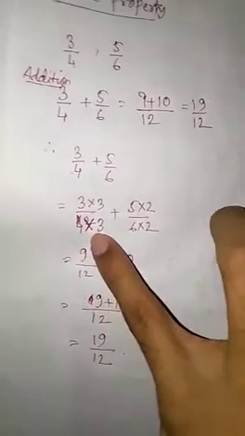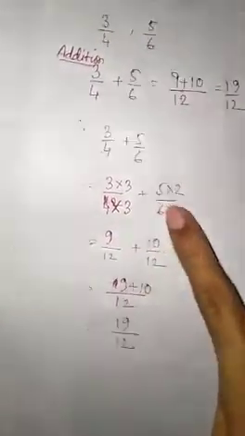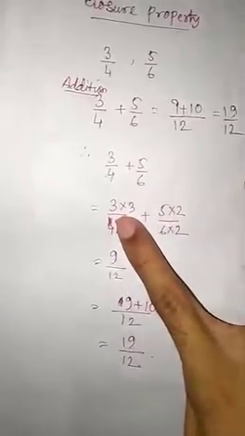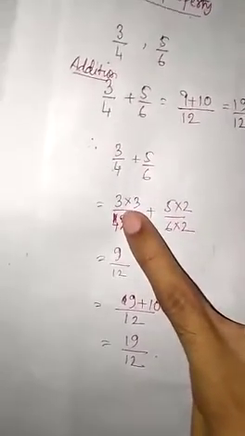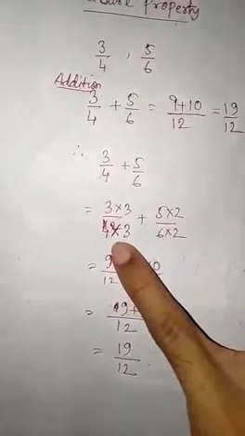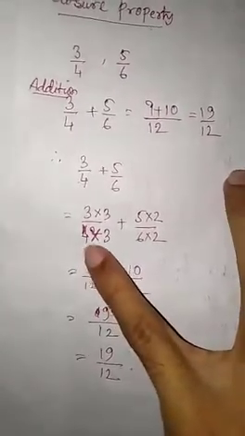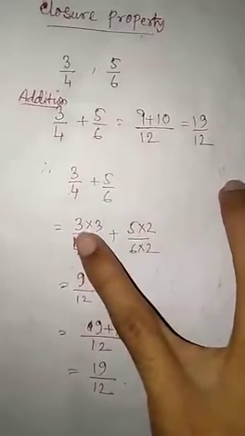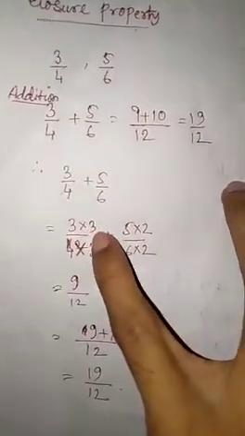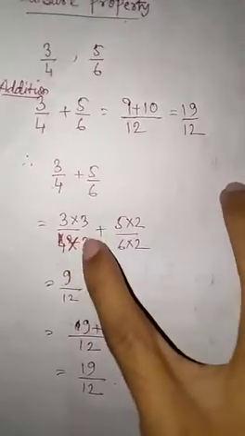So to maintain the equality of the rational number, we need to multiply the numerator also with the same number with which we are multiplying the denominator. So if we are multiplying the 4 with 3, then we should also multiply the numerator, that is 3, with the 3 to maintain the equality.